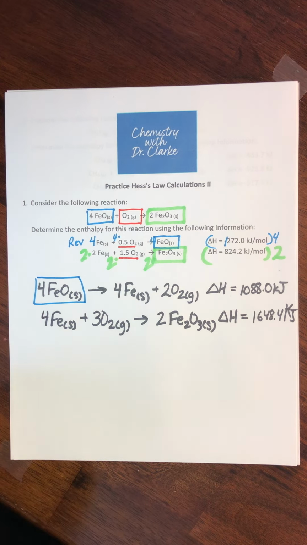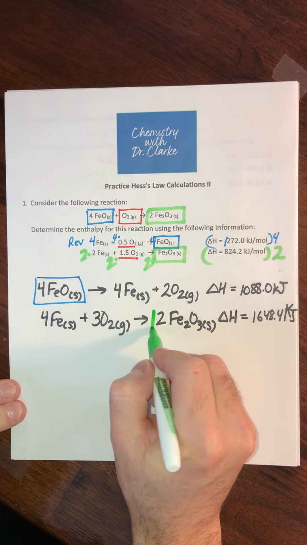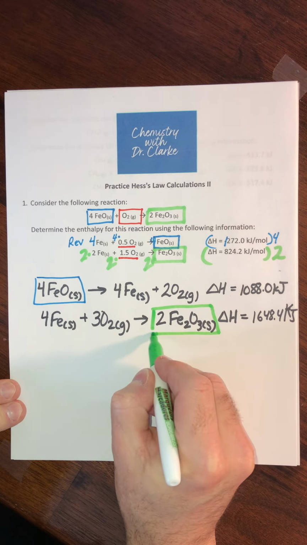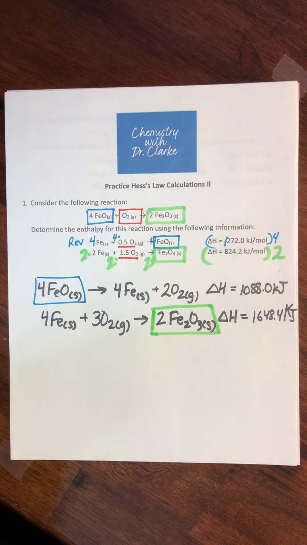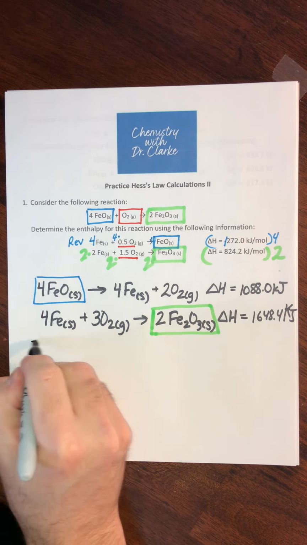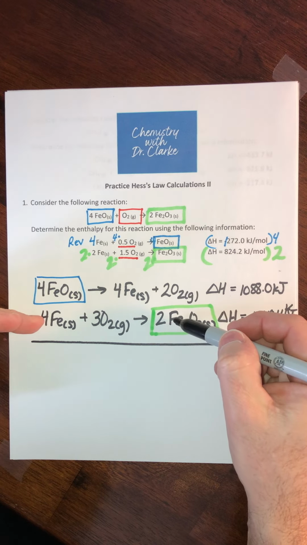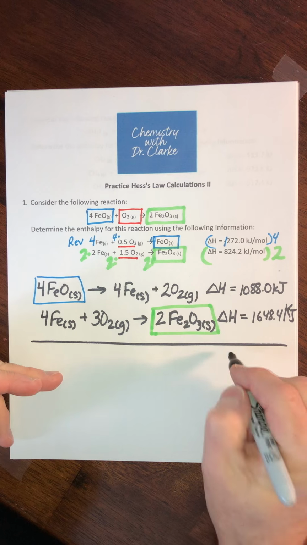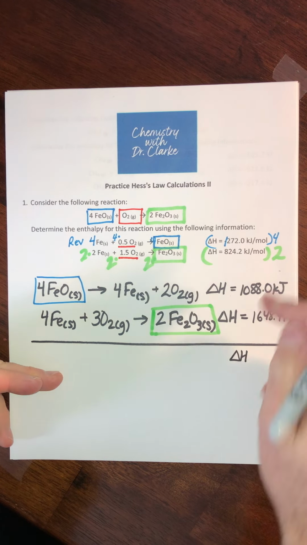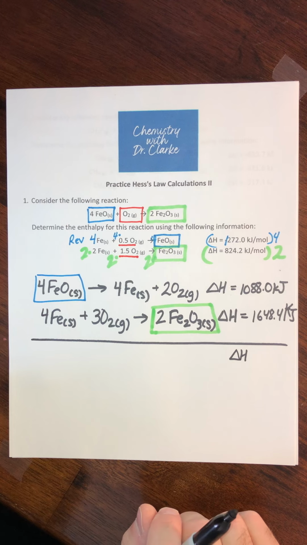And again, I worked really hard to get the 2 Fe2O3s in the right place with the right amount, so let's put a little green box around it to highlight that. Now at this point, we are going to add the 2 equations. Because if I can add these 2 equations and they reduce down to my target equation, then the delta H that goes with it is just the sum of the delta H's of the given equations.